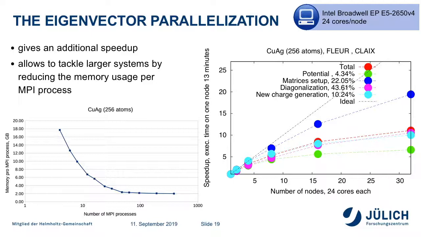Because when you distribute your data between MPI processes, there is some data which you really distribute, like this matrix, but you also need some information which every MPI process should know. And there is some amount of it. And if your system is big, then this plateau will get higher. This is the reason why it's not a good idea to use only MPI parallelization if you calculate something big.